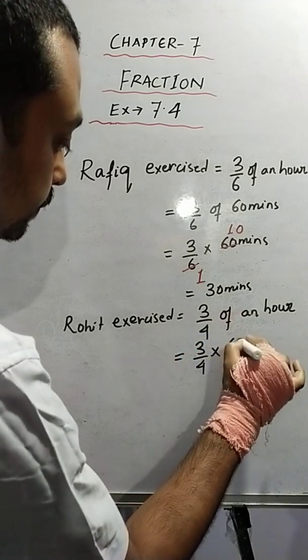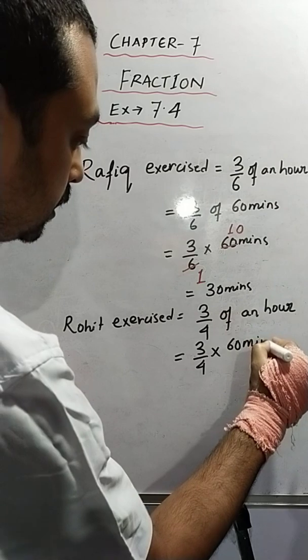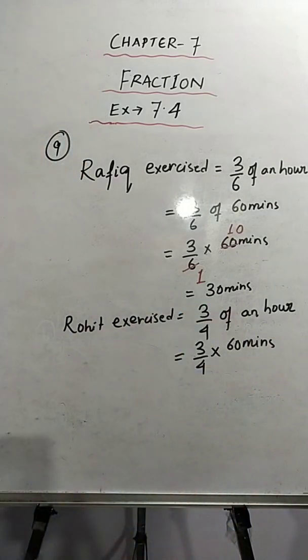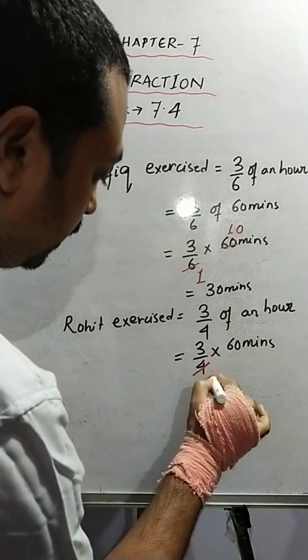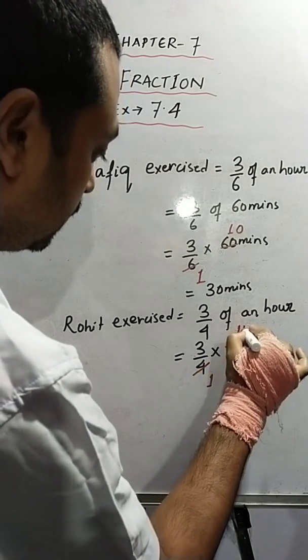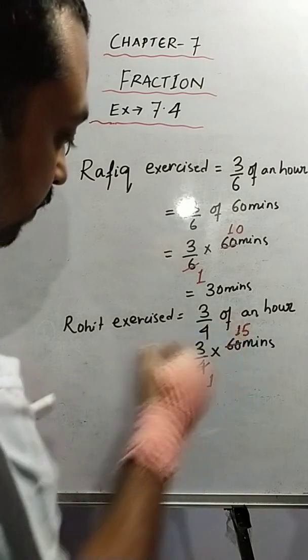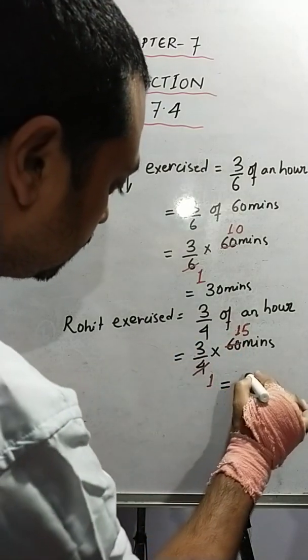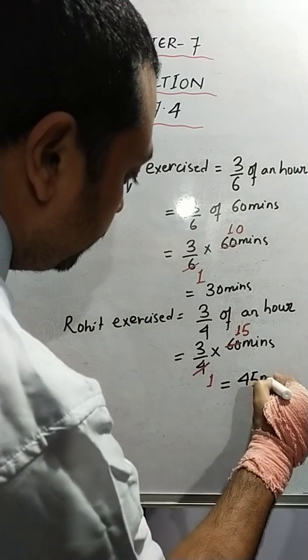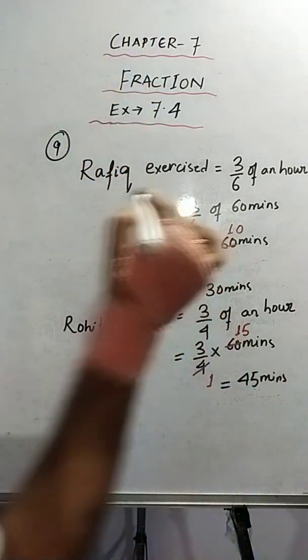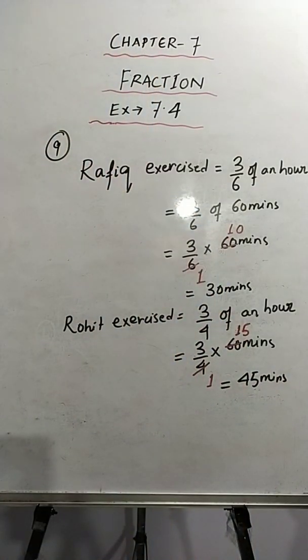So we'll write directly this time. 60 minutes. Now we'll again reduce 60 by 4. So when you divide 60 by 4, you get 15. Okay. So now multiply 3 and 15, you will get 45 minutes.